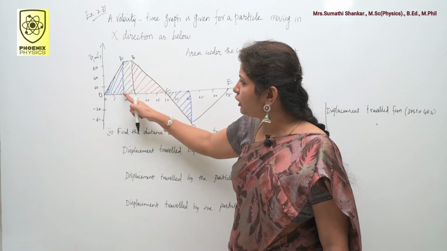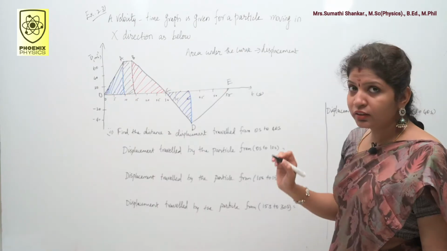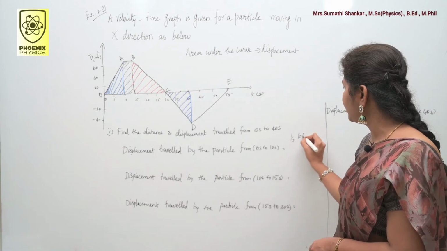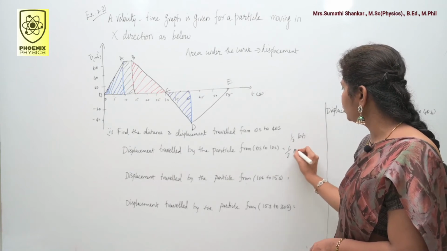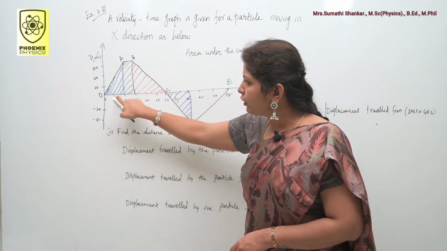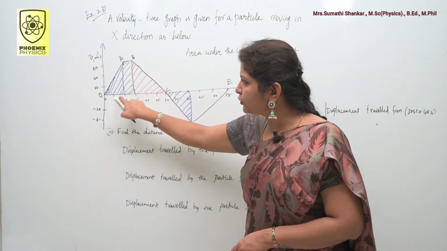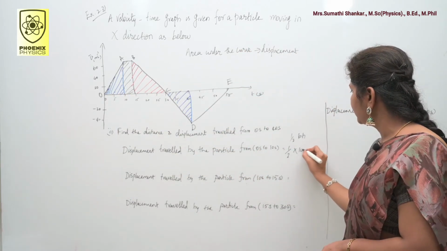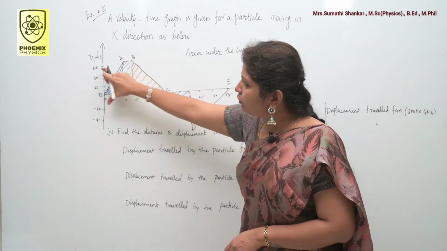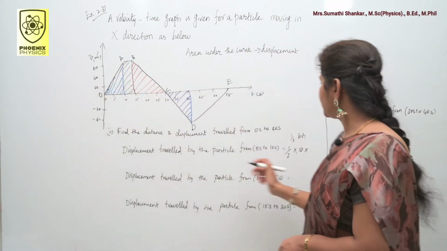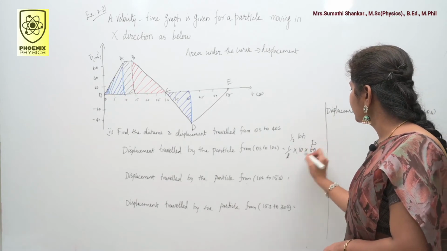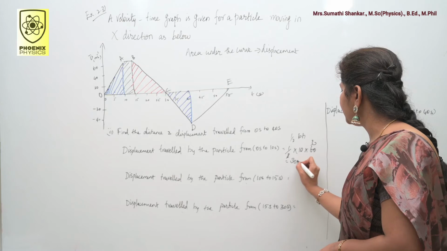This is similar to a triangle shape. The area formula for the triangle is half BH. B is 5 plus 5, 10 seconds, that is my base. Then h is our velocity, 60 m/s. So your answer is 300 meter.